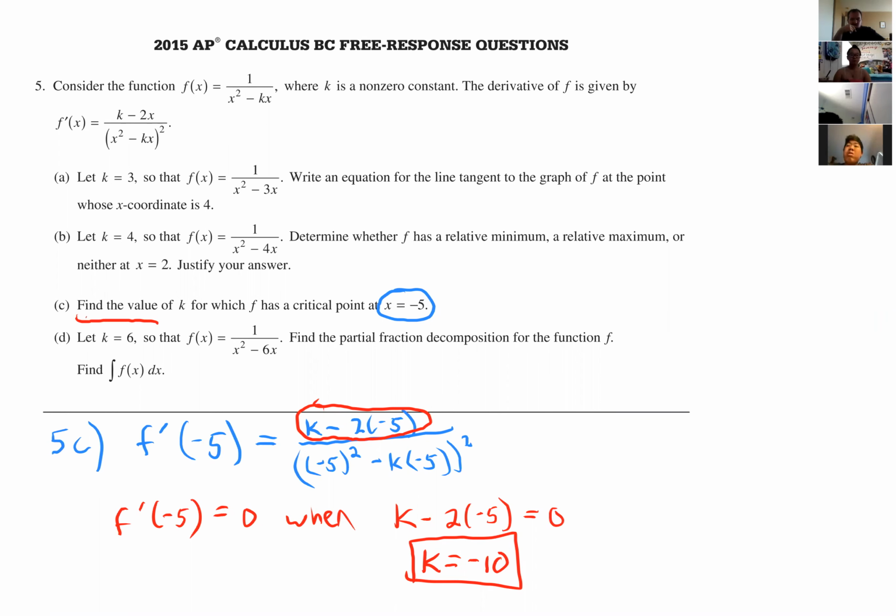So I think if it said critical value, you might have to set the denominator equal to 0, but for this one, it's actually talking about a critical point. So in order to be a max or a min, the derivative has to exist at those points. So just be k equals -10. So is that okay for 5C?